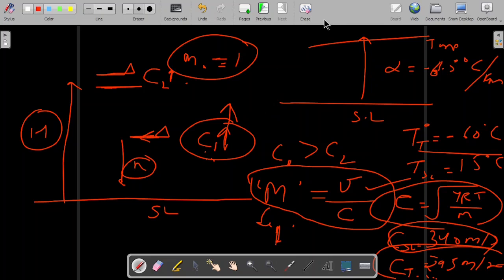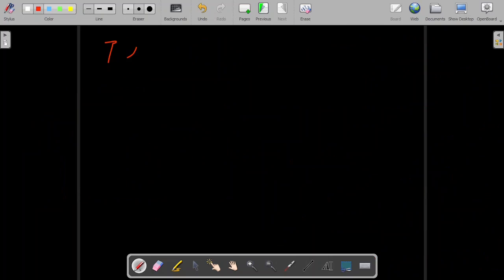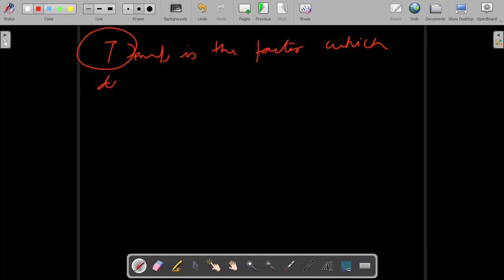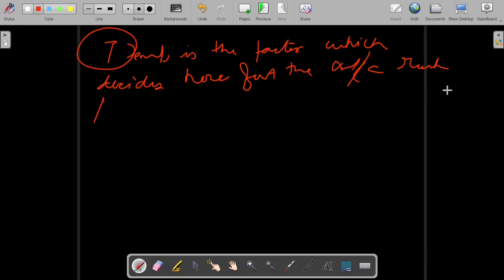I'll reiterate, rather than the height, temperature is the factor which decides how fast the aircraft will hit Mach 1. So at lower temperature it's easy for the aircraft to reach Mach 1. At higher temperature it's difficult, or it'll take time to reach Mach 1.